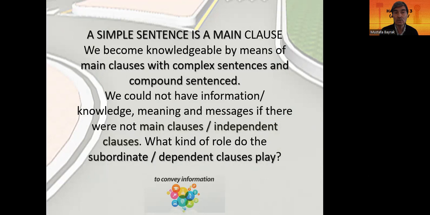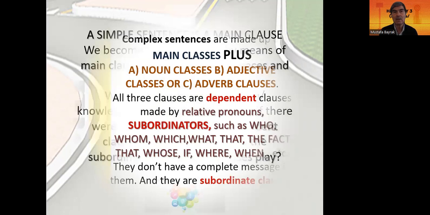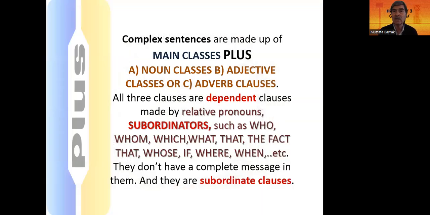What kind of role do the subordinate dependent clauses play? Of course, they play a role of helping, giving extra information about the main clause. Complex sentences are made up of main clauses plus noun clauses, adjective clauses, or adverb clauses.